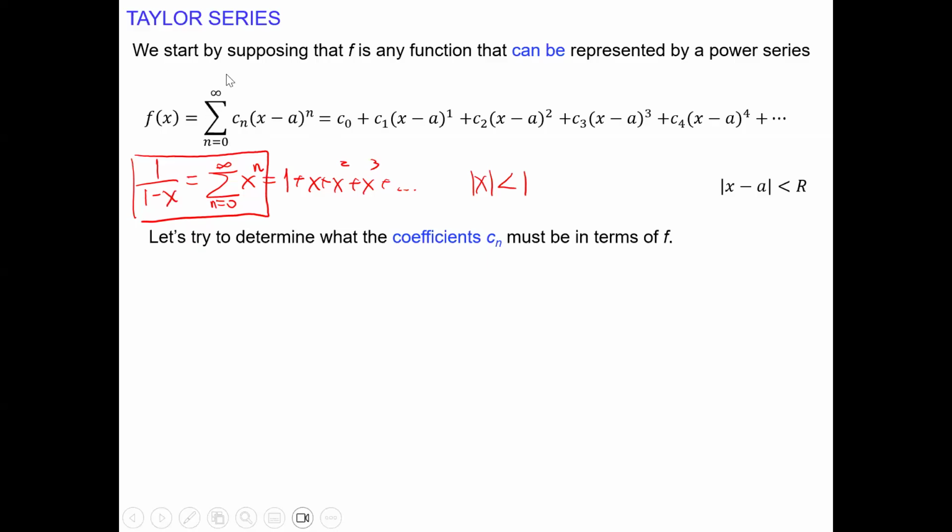Oh, one more thing, it's really important. We start by supposing that f is any function that can be represented by a power series.